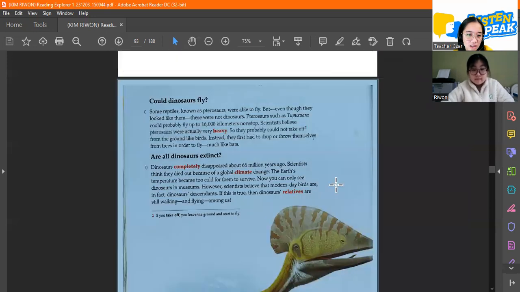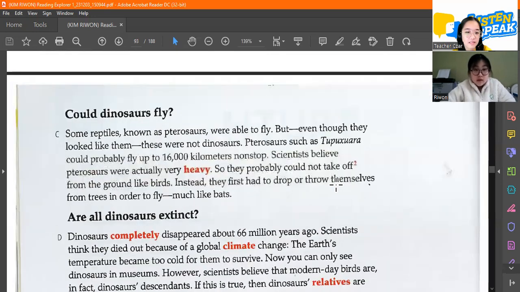Could dinosaurs fly? Some reptiles known as Pterosaurs were able to fly, but even though they looked like them, these were not dinosaurs.